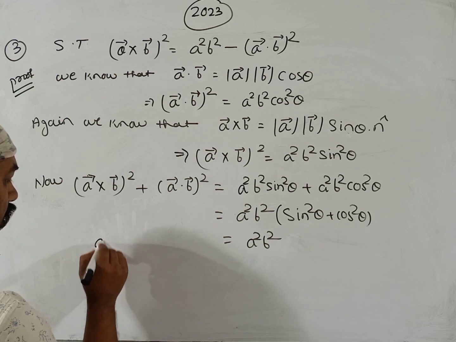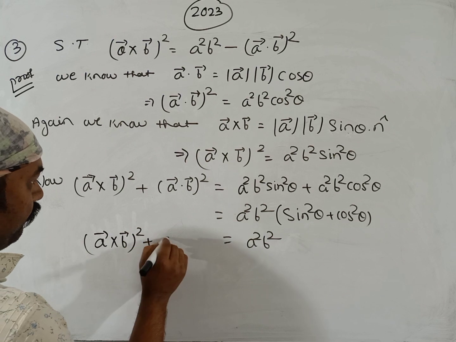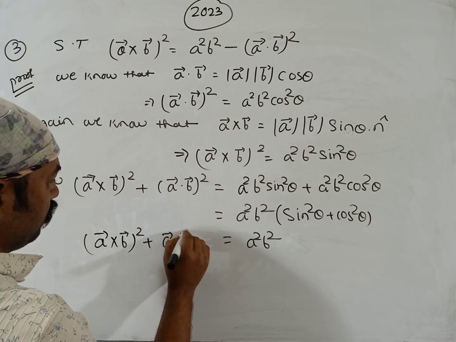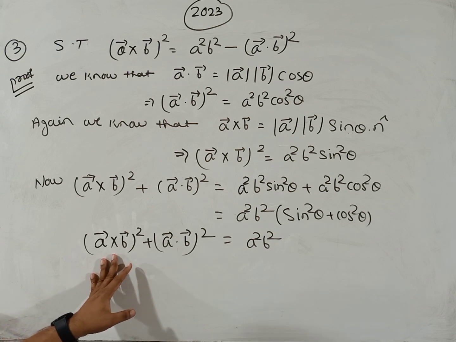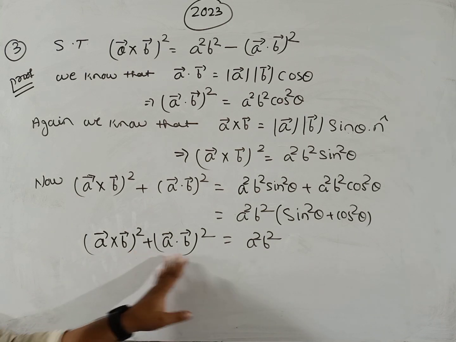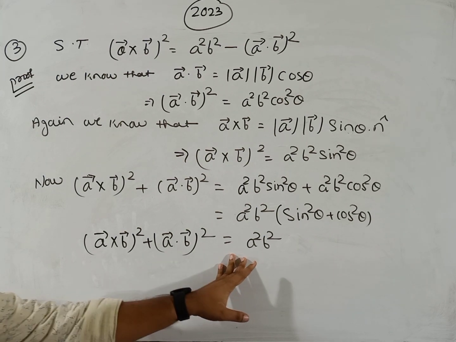So the result is here, what we have just got: the square of cross product of a vector and b vector added with square of dot product of a vector and b vector equals a square b square.